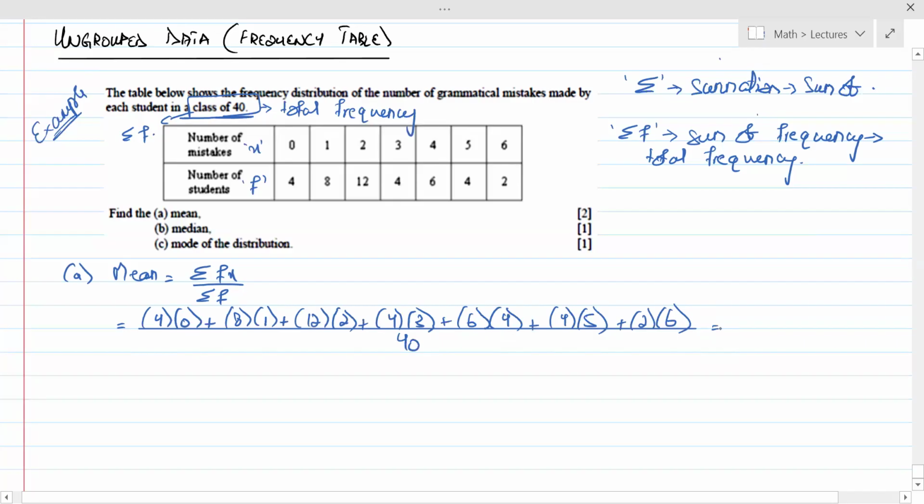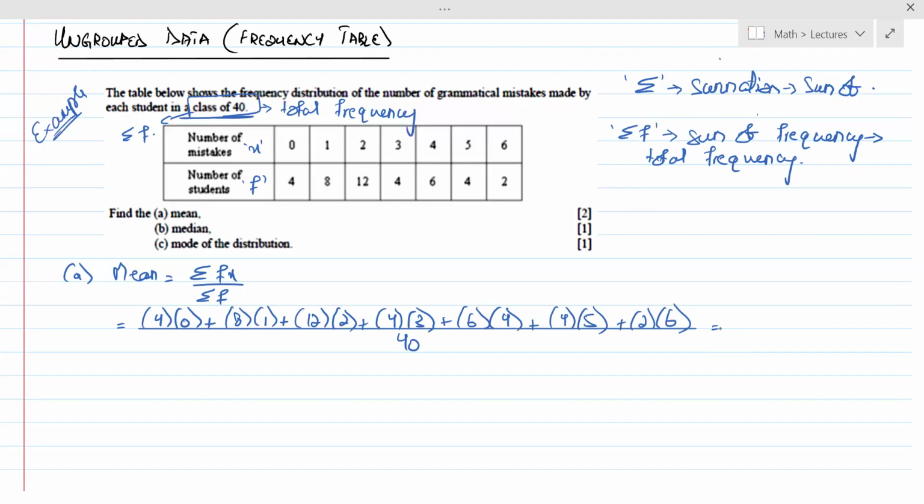You can directly use the calculator here to find the mean. So it would be 4 into 0 plus 8 into 1 plus 12 into 2 plus 4 into 3 plus 6 into 4 plus 4 into 5 plus 2 into 6.